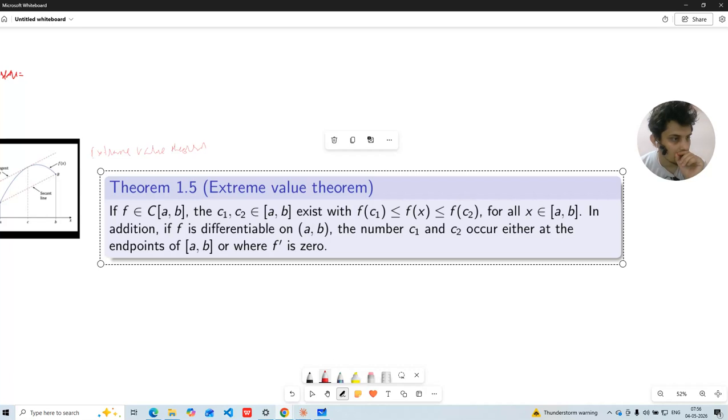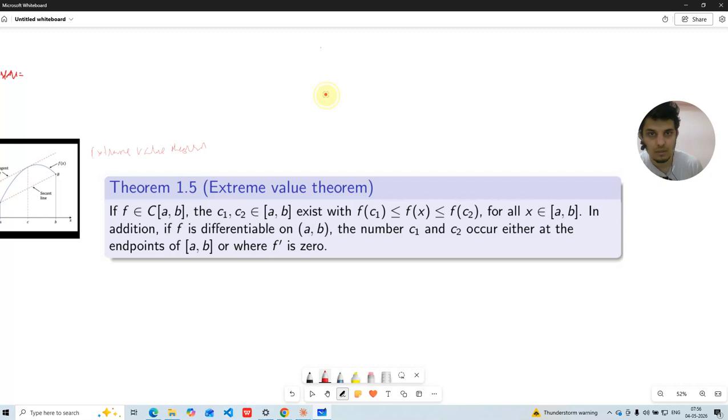So what the extreme value theorem is saying is that if I draw a curve like this, between a and b, there will be a point which is the lowest and a point which is the highest.